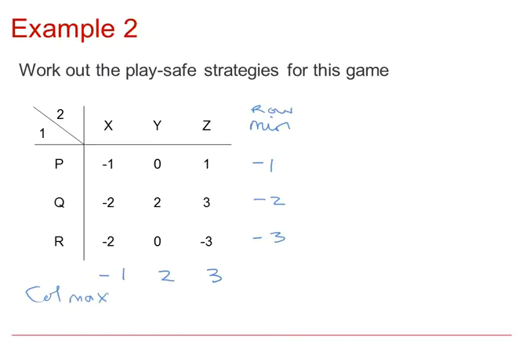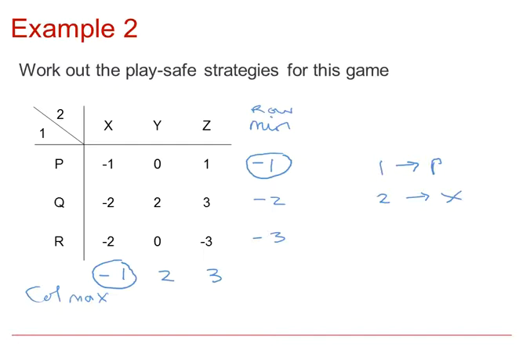So here we have that the row maximin is -1 and that the column minimax is also -1. So in this case, player 1 would adopt strategy P and player 2 would adopt strategy X.